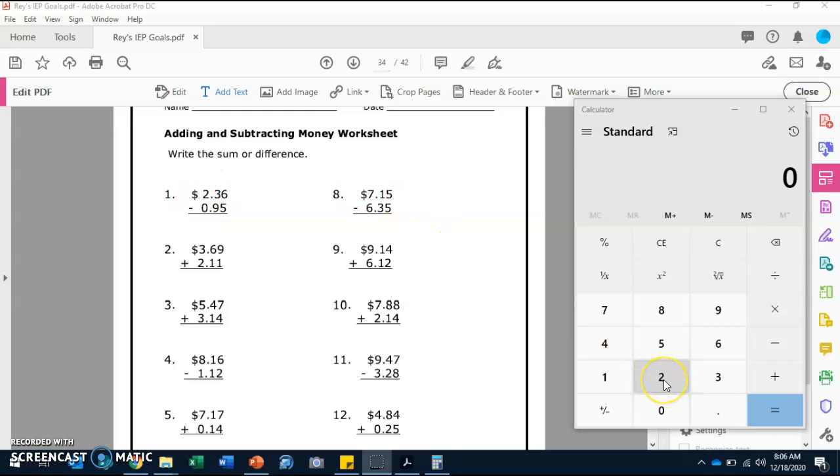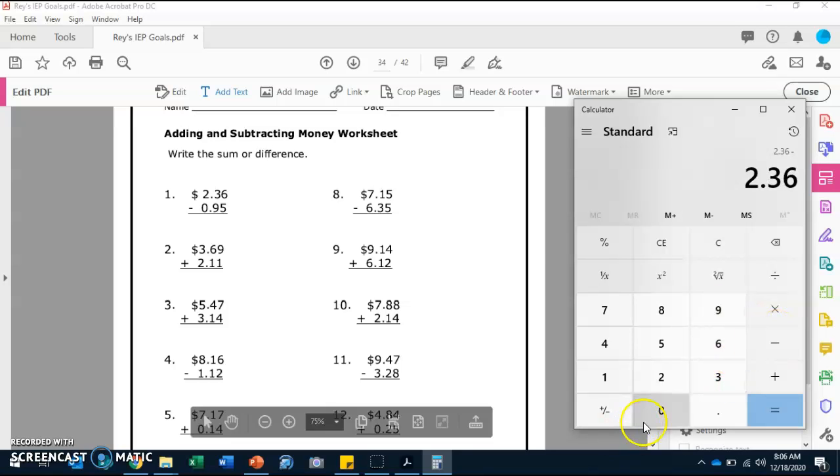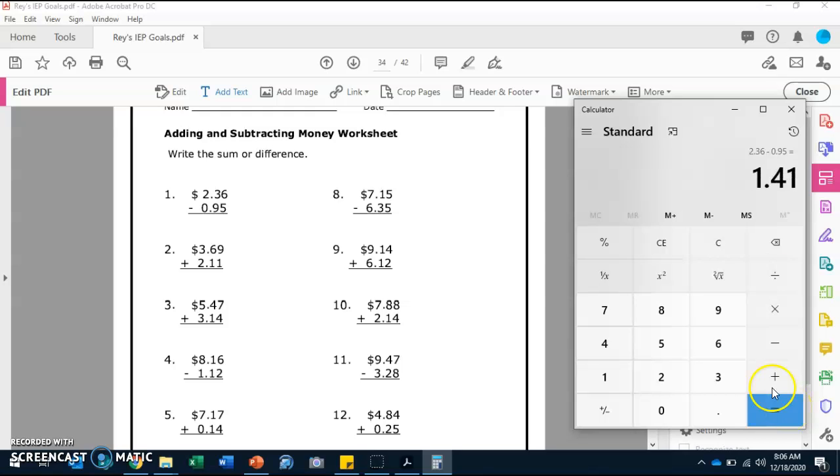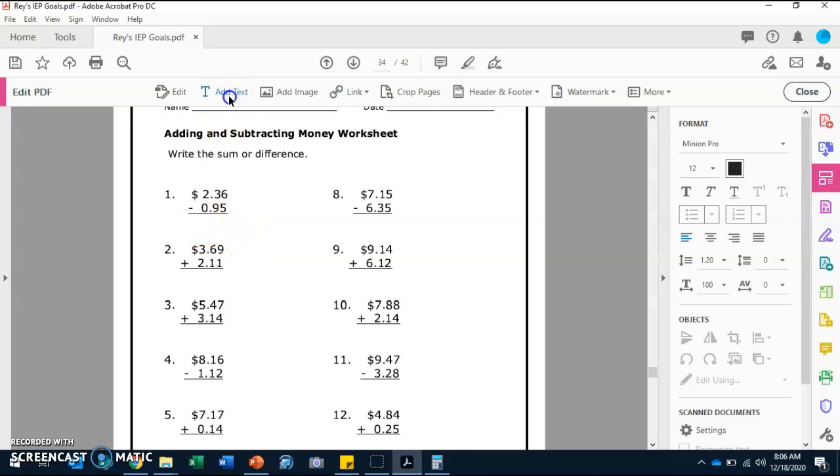So we're going to put in the calculator $2.36 minus 0.95, and it should give us $1.41. And that is what we're going to put here. We're going to put the dollar sign, then $1.41.